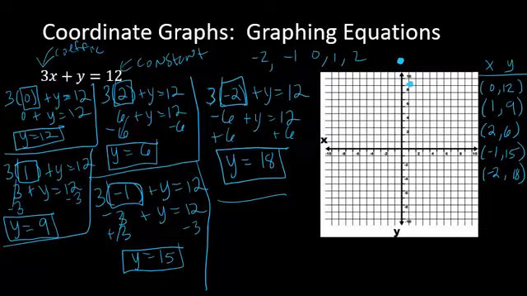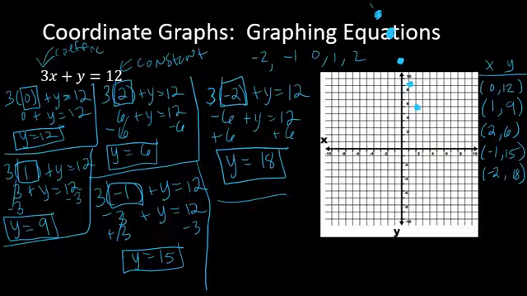Then I have 2 all the way to 6, which I think is right here. Maybe right here. I have -1, 15. Let's say it's up here. I accidentally marked it, so let me erase that. And then the last one is -2, and it's all the way up at 18.